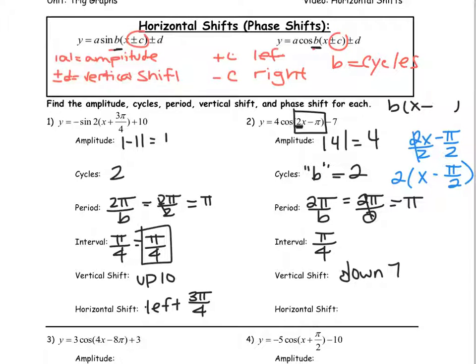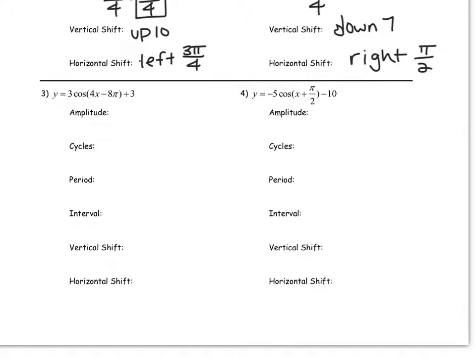And now my horizontal shift. So we have to look here. So if there's a minus, this means to go to the right. So this is right pi over 2. All right, so what I'd like you to do now is try numbers 3 and 4 for homework, and I will go over those tomorrow in class.